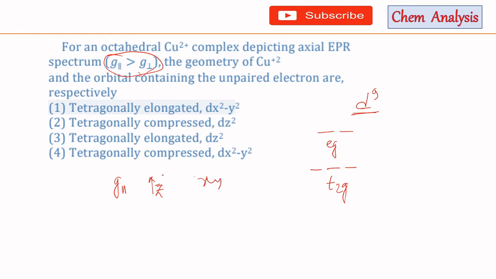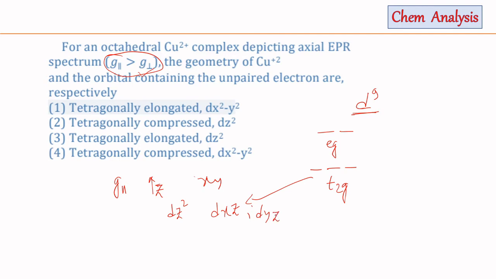Therefore, along the z axis, that is dz square, or in case of t2g, dxz and dyz will be electronically rich, and in eg orbital dz square will be electronically rich.